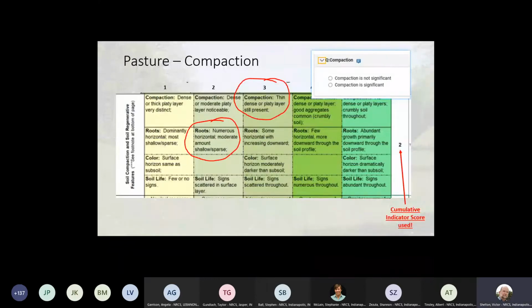I know that's a bit confusing going back and forth, but for the most part, when you're looking at the soil compaction and soil regenerative features indicators, it's pretty much always used as the total score. When you're looking at erosion, then those can be looked at, and should be looked at, more as individual sub-factor scores.